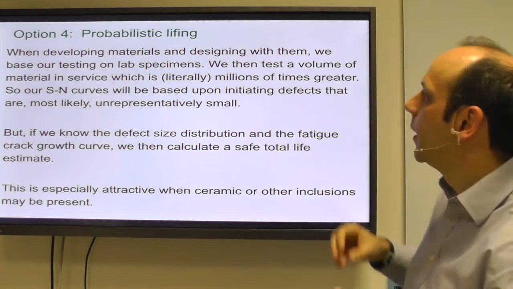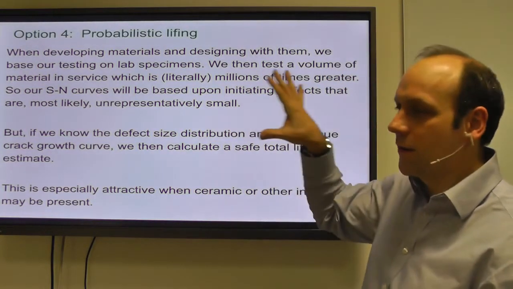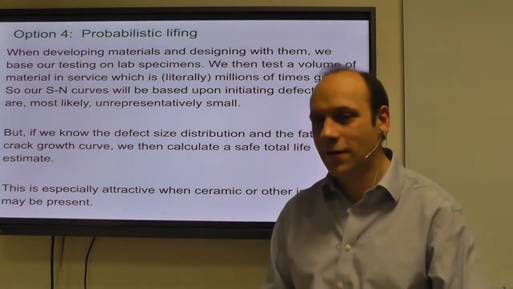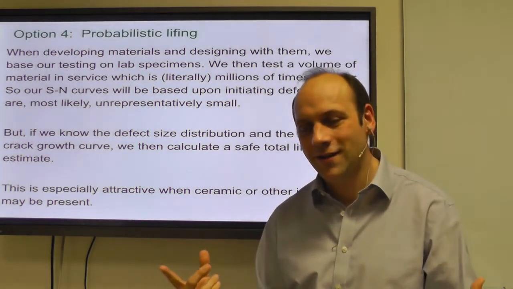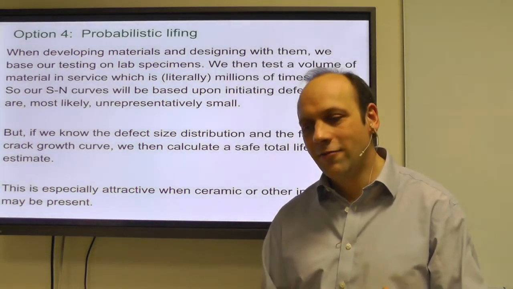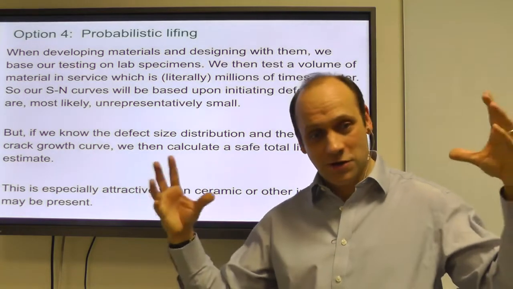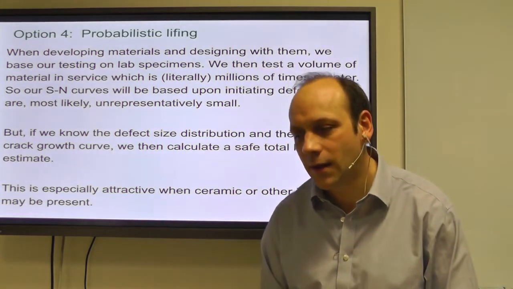And so our stress life curves that we do in an academic lab with test specimens, we will find that our test specimens fail from initiating defects that are things like the microstructure that are probably unrepresentatively small compared to the things that fail large discs, because there's just much more chance of there being a large inclusion in a large disc.